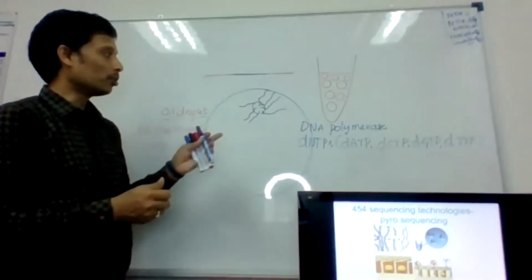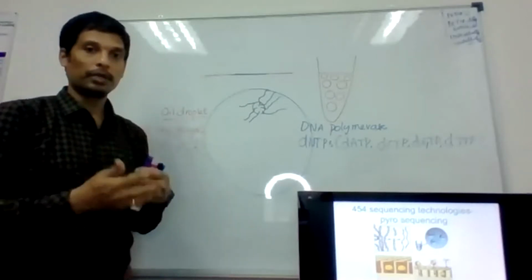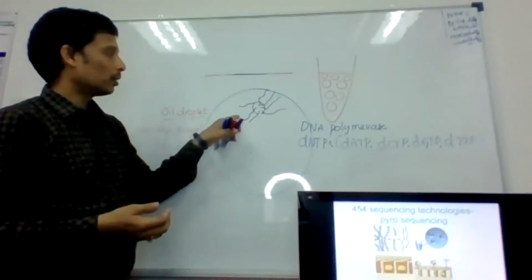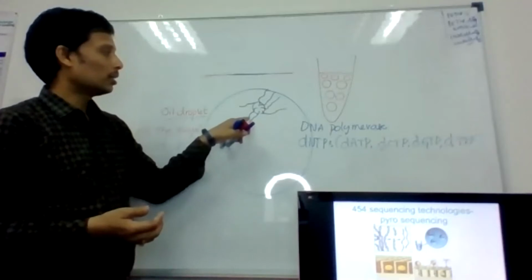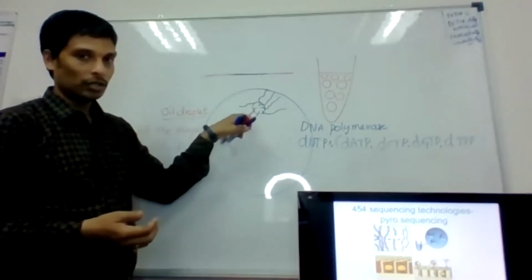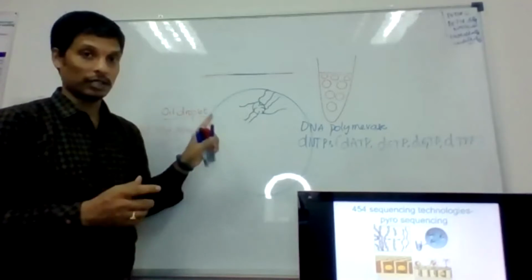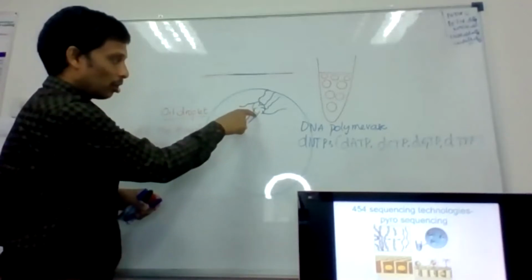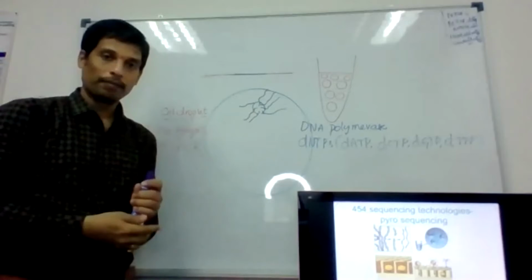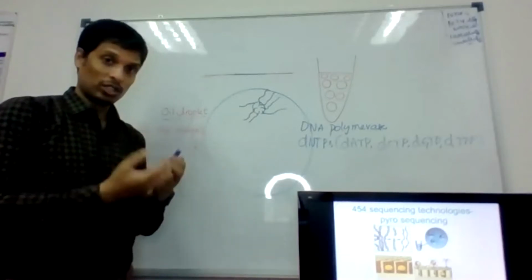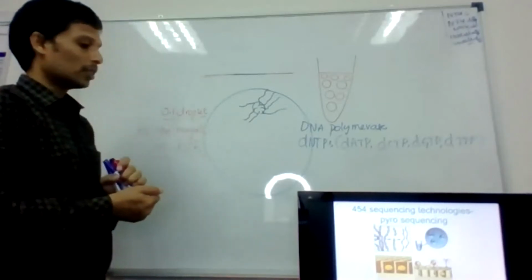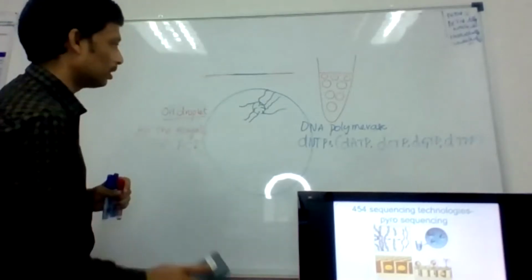Once you introduce it and run multiple cycles of PCR, you get thousands of copies of the same sequence on the bead. They are immobilized because the oligos are immobilized, and the extension also sticks strongly to the beads, so you cannot detach them. Thus the second step completes.